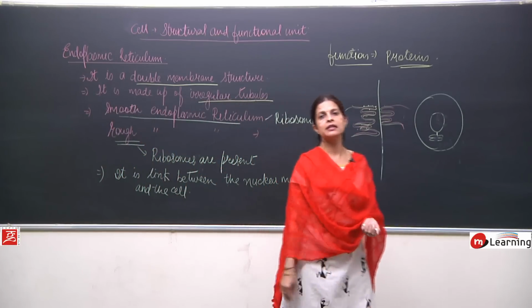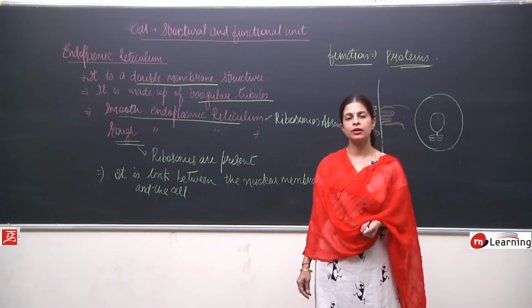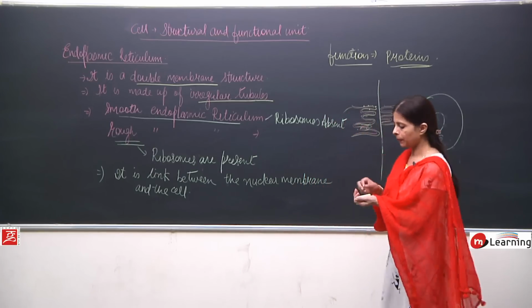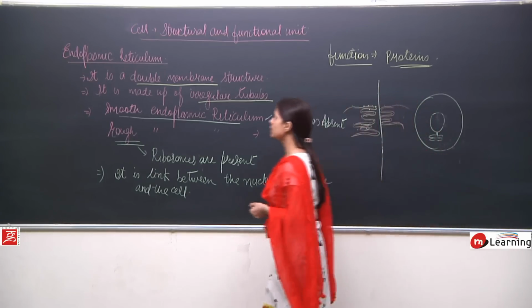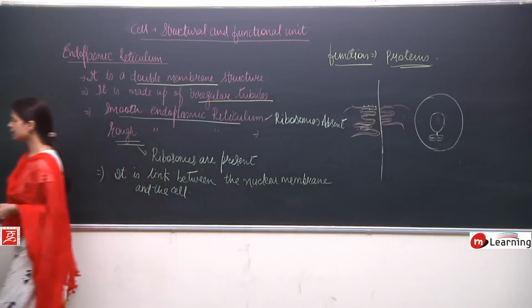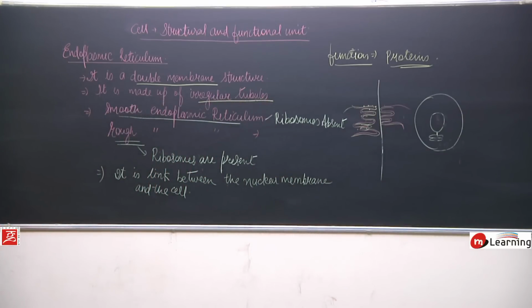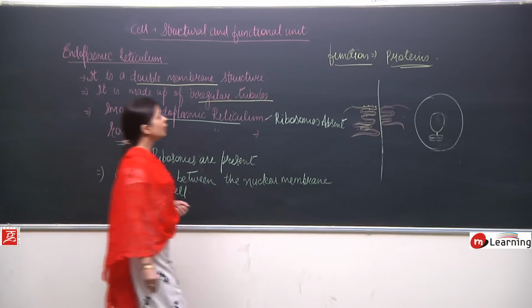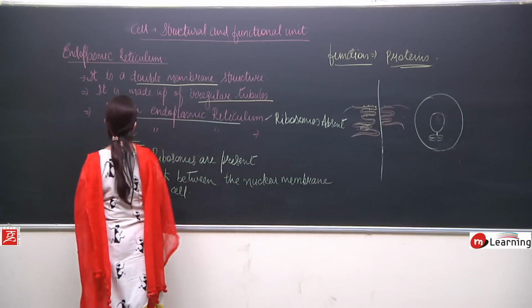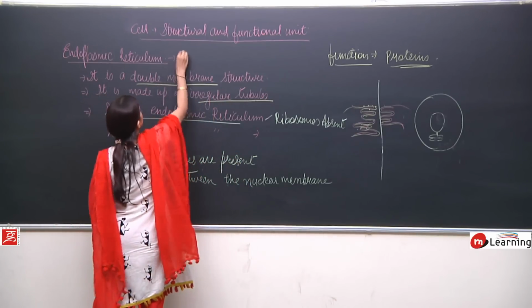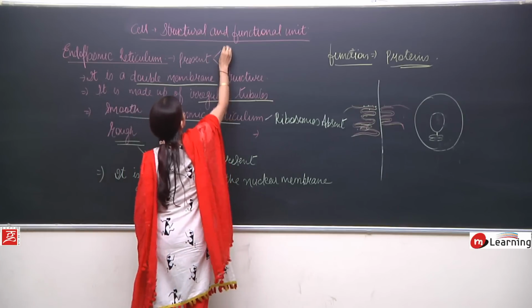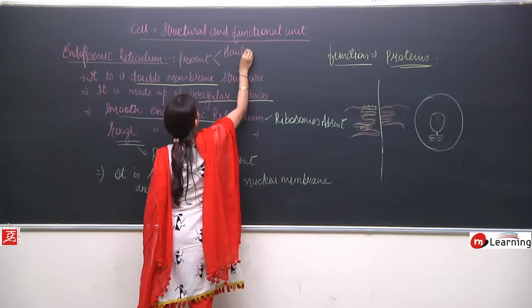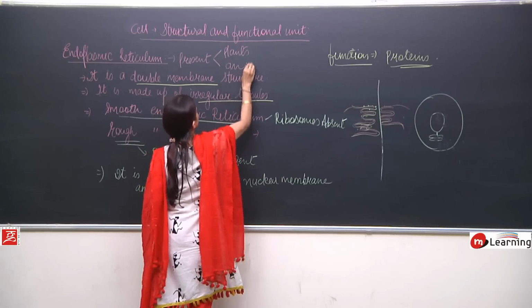This is also a very important structure of the cell. Actually all the organelles play their part. Each and every organelle is very important. One more point: the endoplasmic reticulum is present in both plants and animals.